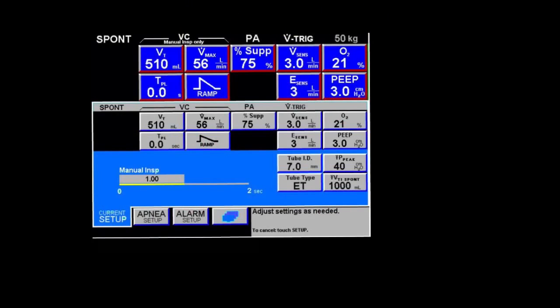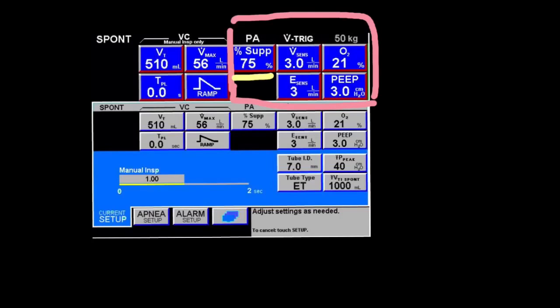This is a ventilator screenshot of proportional assist ventilation, and I'm just going to highlight the settings that are relative to the mode itself. But the main importance is this percent support button. I'm going to highlight it in yellow.